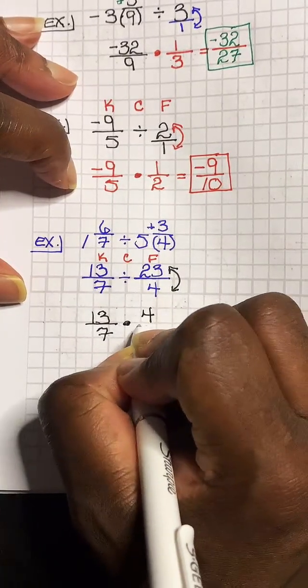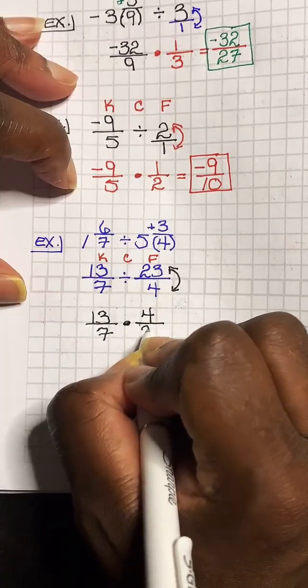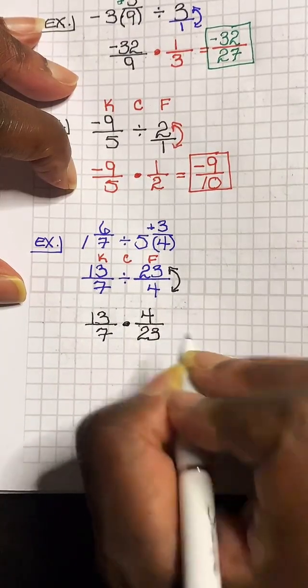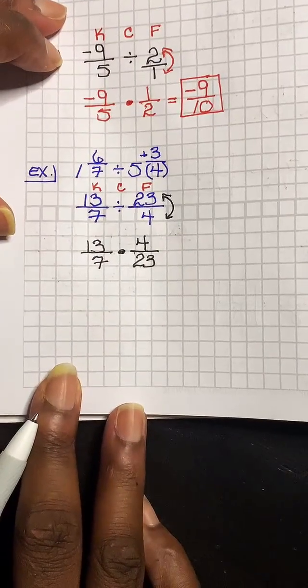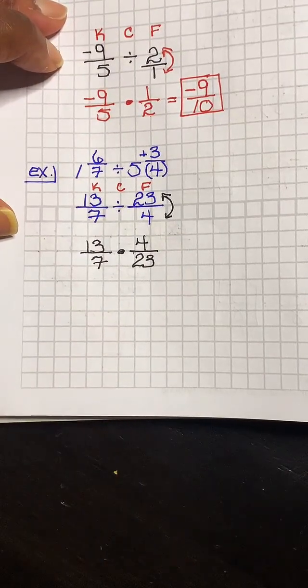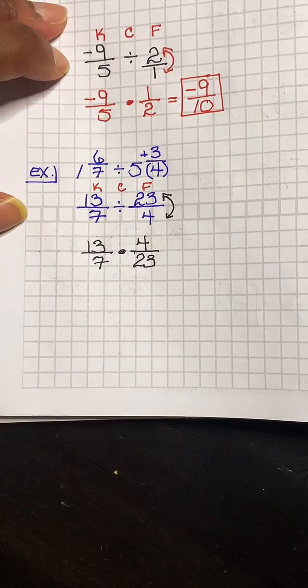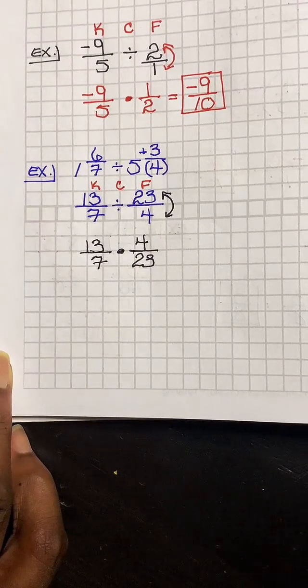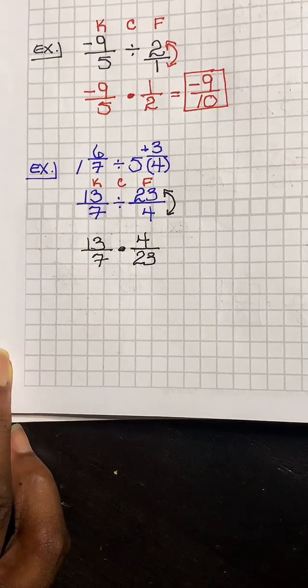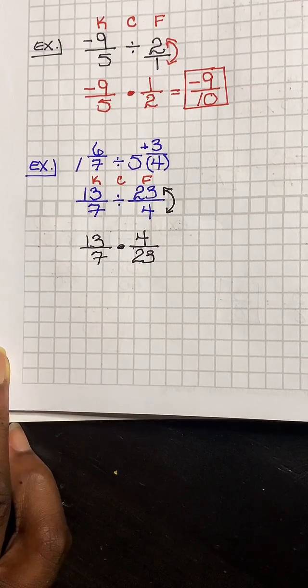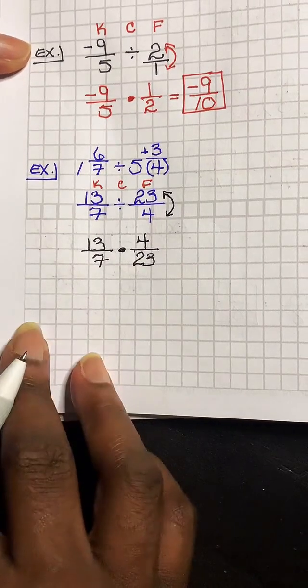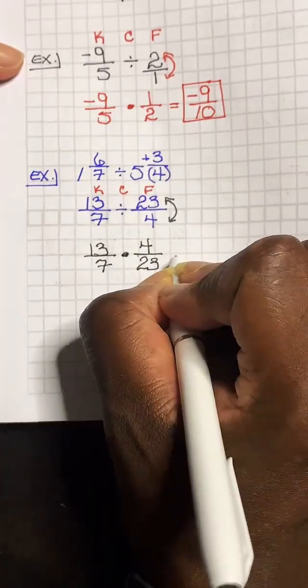So that's why some people were doing 4 and 23. 23rds. Okay. Now, can it be reduced? No. I feel like I'm always picking ones that don't need reducing. So if we have our 13 times 4, that'll be 52.